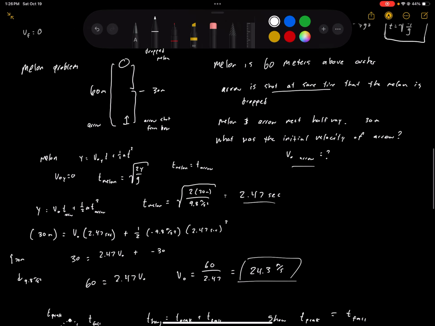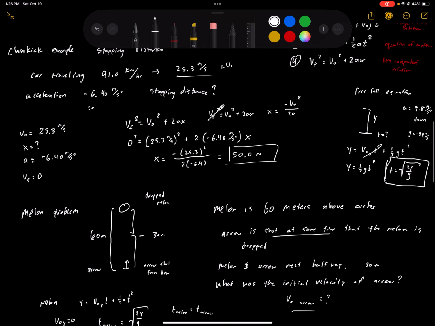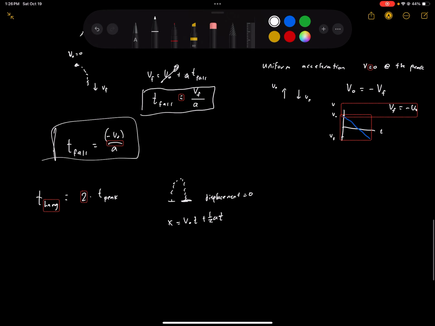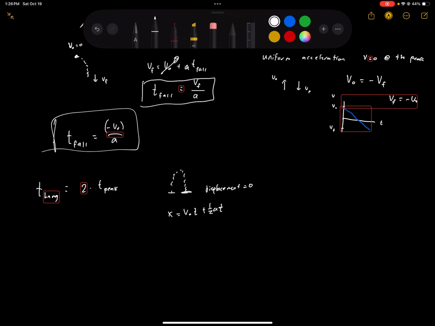So we have x is equal to... Actually, let's use this one, because I don't necessarily want to put it in terms of v naught. No, we can. That's fine, because it's going to work out all the same. So we say the displacement is 0. This is for the hang time, the amount of time that you're actually in the air.